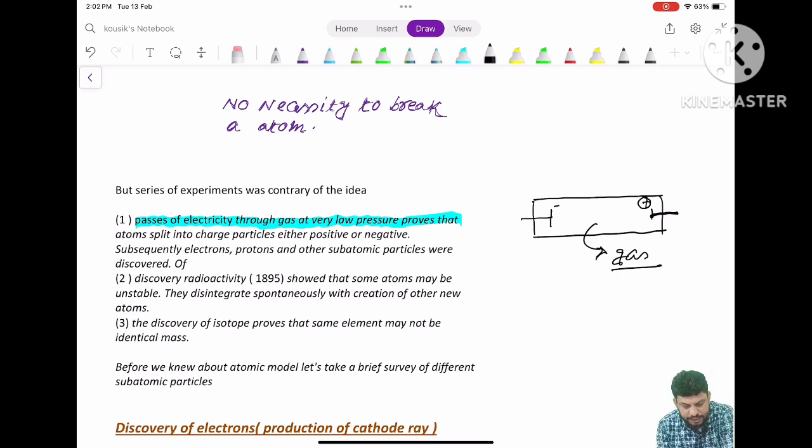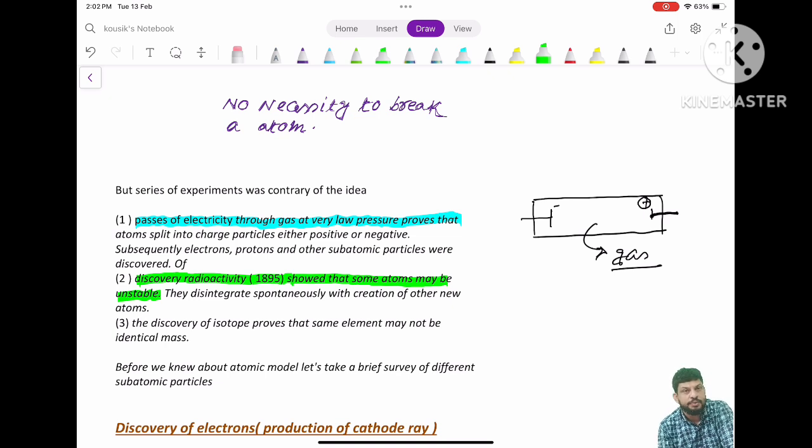Now, go to the next point: discovery of radioactivity. The discovery of radioactivity in 1895 showed that some atoms may be unstable. We know the example of uranium.